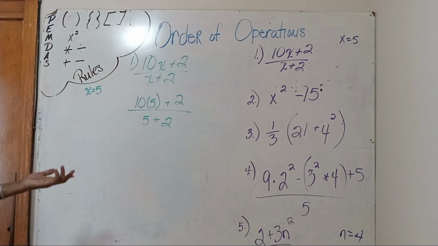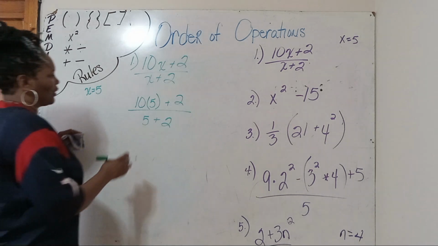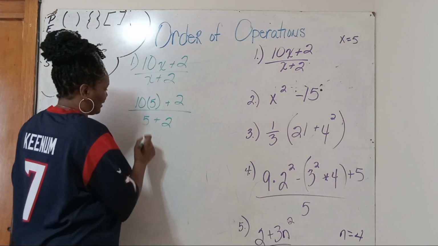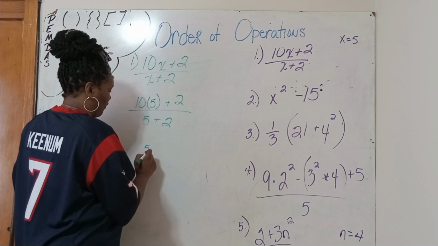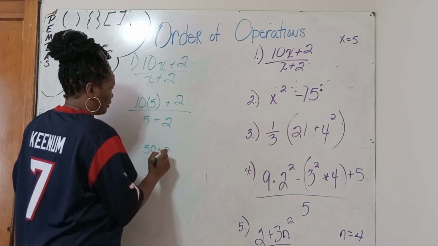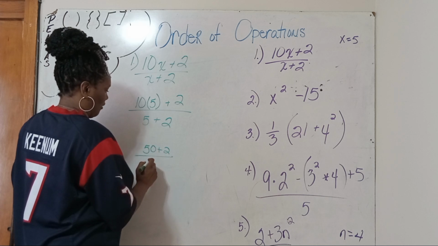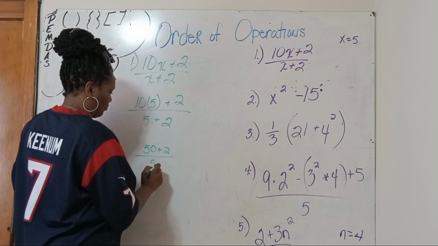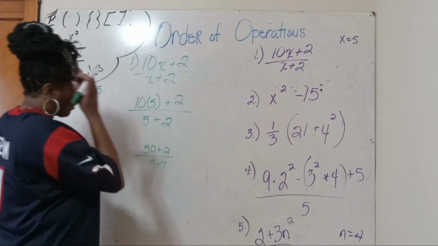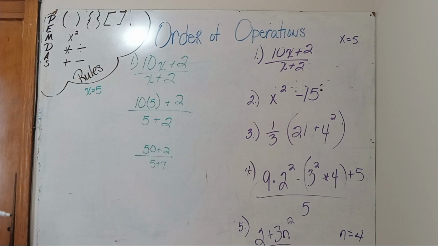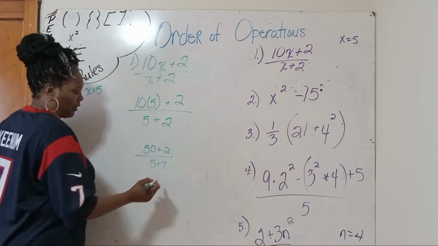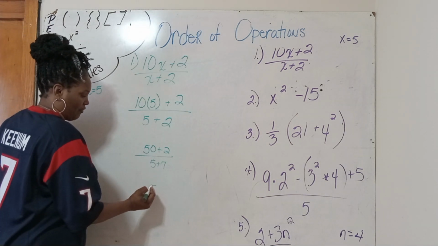Now we just have to get busy working. 10 times 5 is 50, plus 2, over 5 plus 2. Keep working: 50 plus 2 is 52.